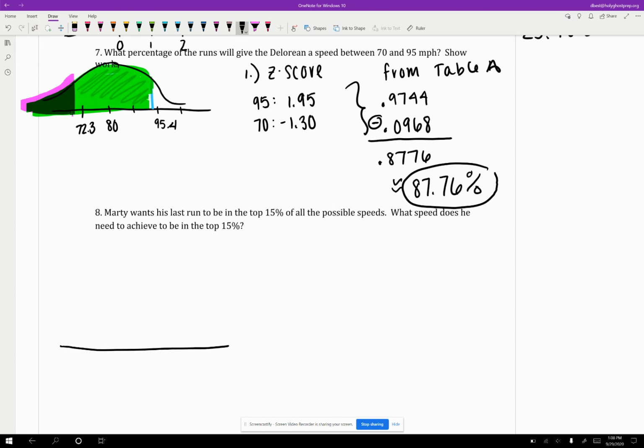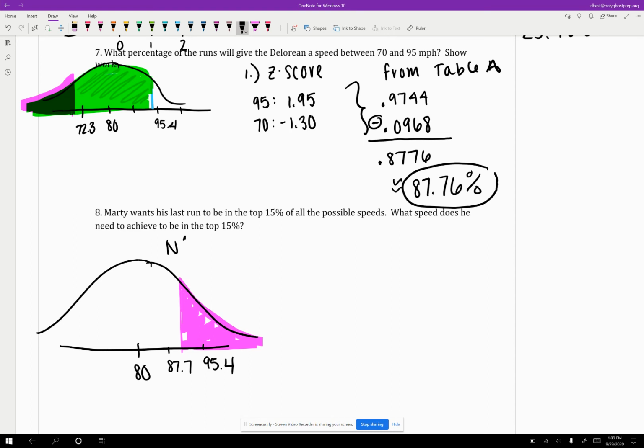So again, sketch yourself a diagram, label it with your mean and standard deviations. And I'm only going to do the right side because I'm talking about the top 15% of my values. Okay, so the question is asking at what speed do we need to be at to achieve the top 15%? So I'm just going to highlight kind of where I think I need to be.